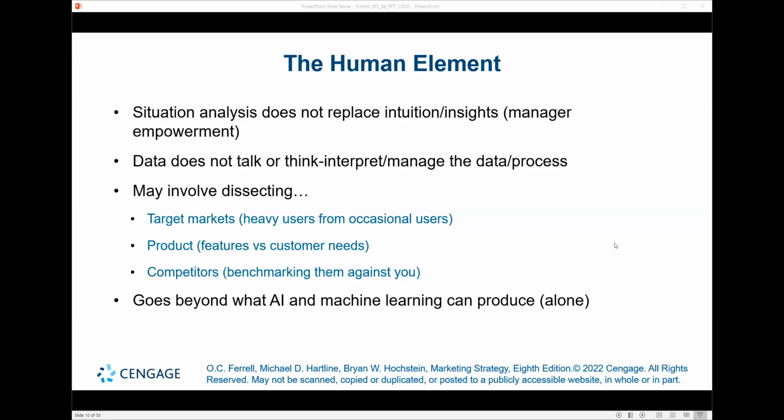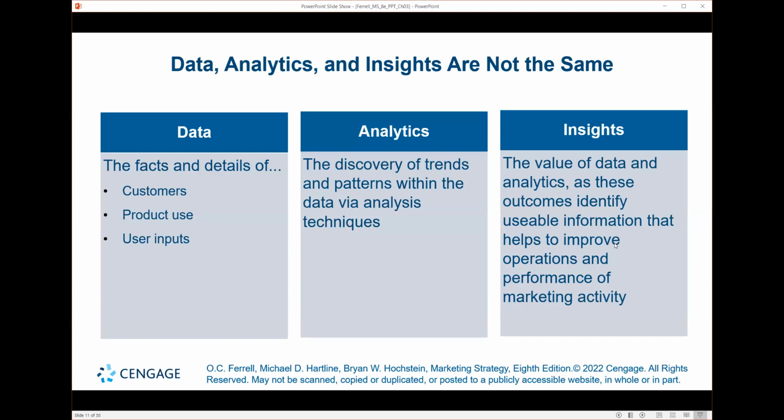So what this also means is that we have to understand what each word, data, analytics, and insight, means. Data is just the facts and the details that are in the information, the raw itself. The information about customers, their product use, their user inputs.